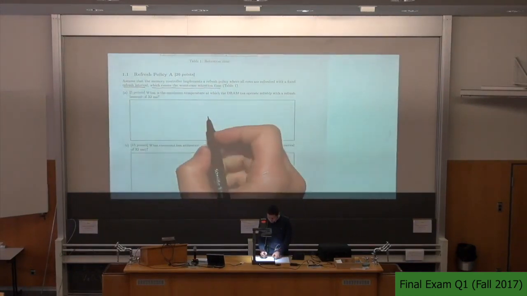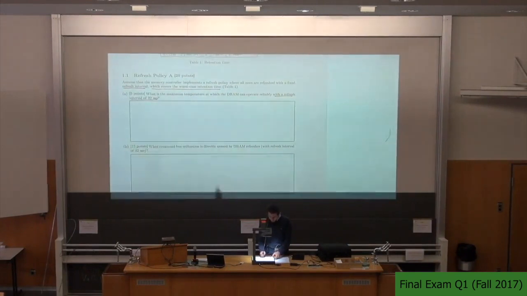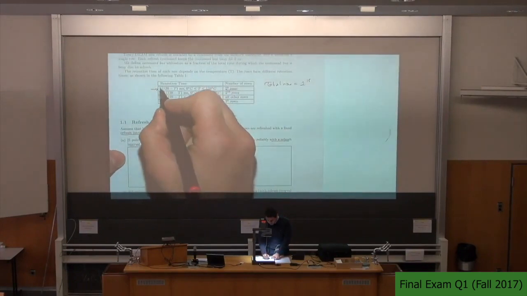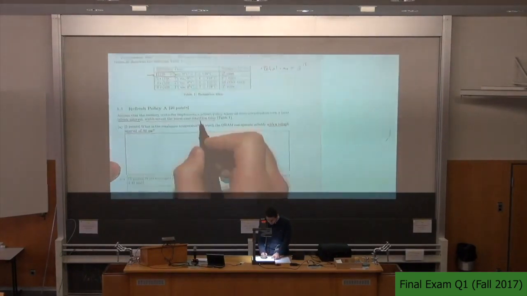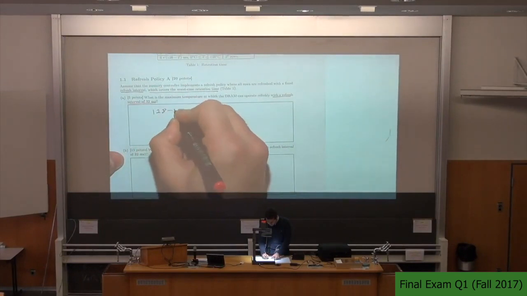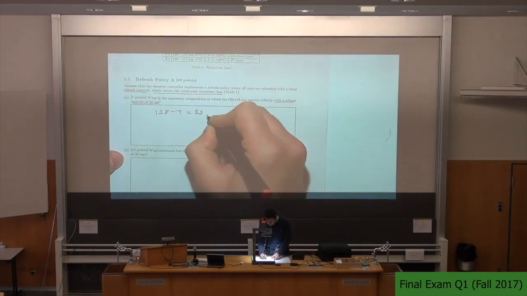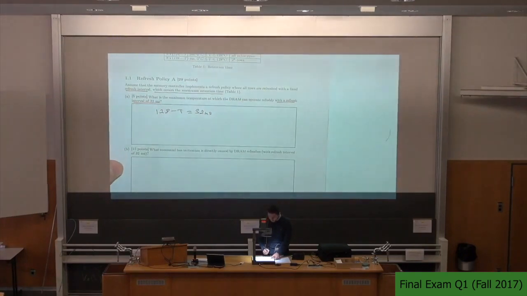Given that, let's assume the refresh interval is 32 milliseconds. What can be the maximum temperature so that the DRAM can operate reliably? I will take this one and solve for T given the refresh interval of 32 milliseconds.